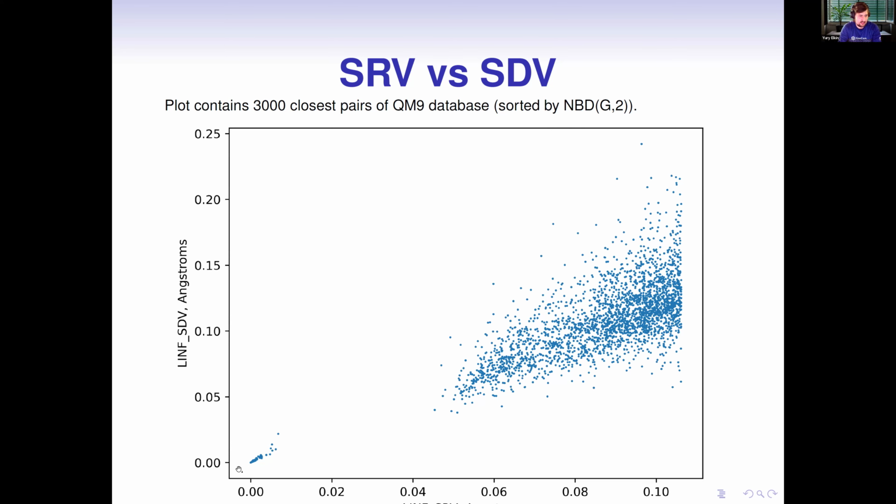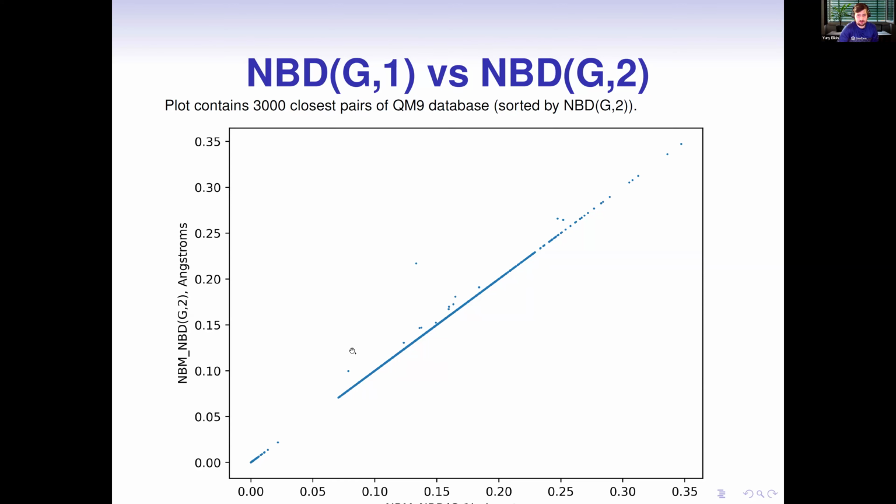So again, looking at this scale, at least the first ones are close to each other, and it's kind of surprising that NBG1 and NBG2, when we add one more parameter, really doesn't help us that much. So they're really close most of the time. So this summarizes it. I don't have anything else.